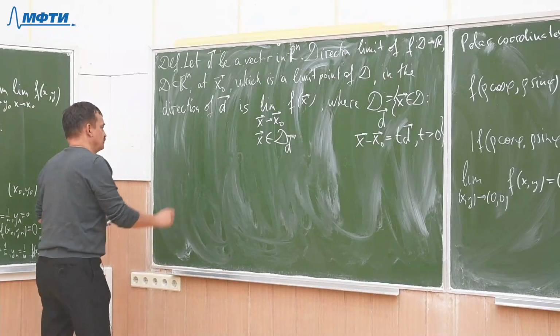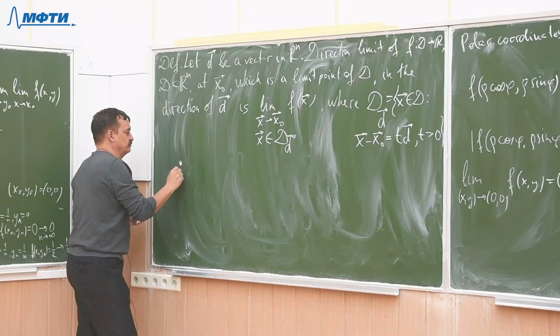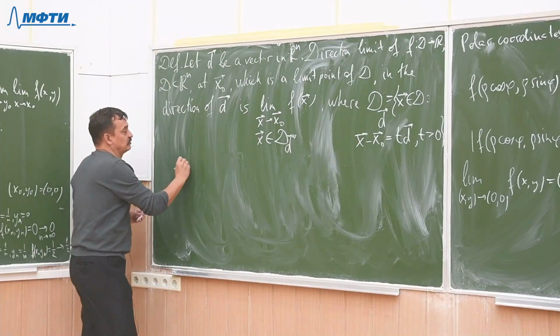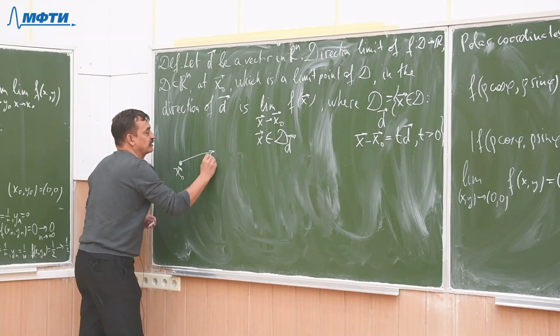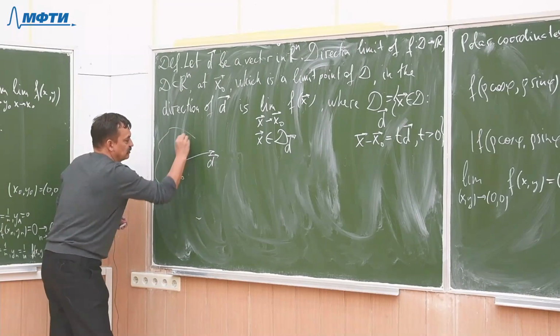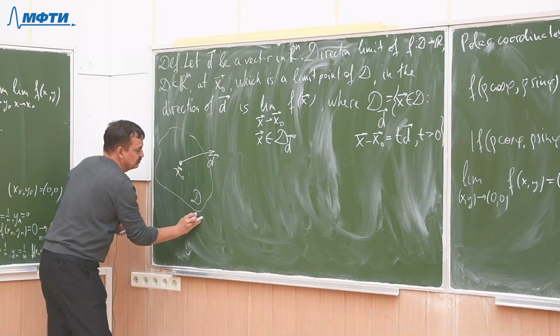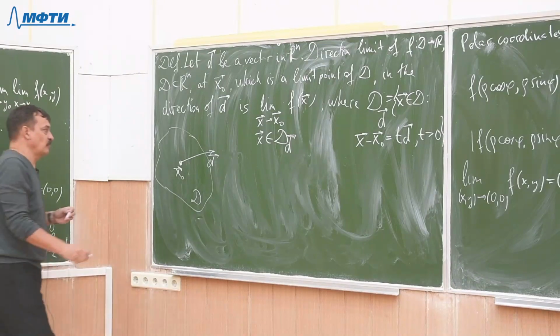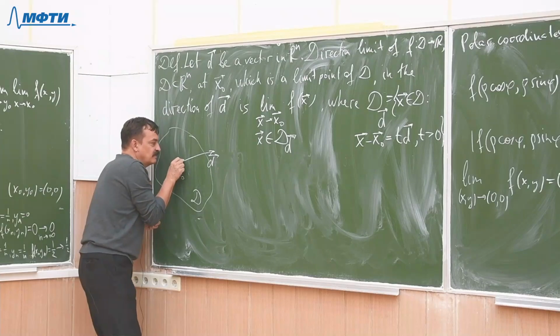So it means you have a point x naught, you have a direction, a vector of direction, right? We have our domain D, the domain of the function, and we look only at this direction.